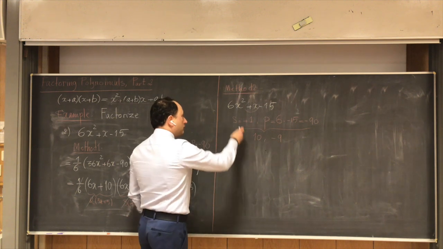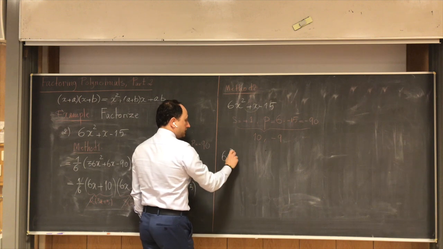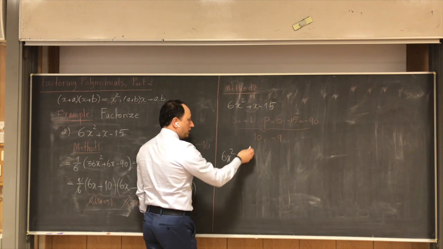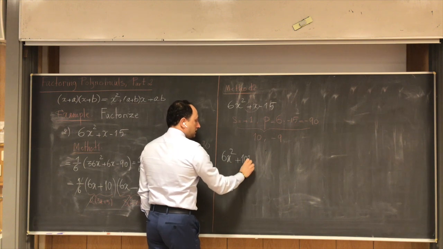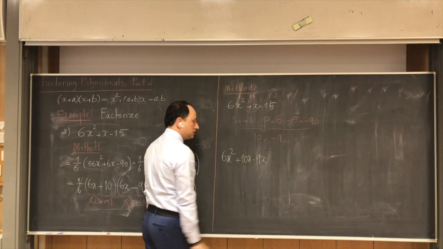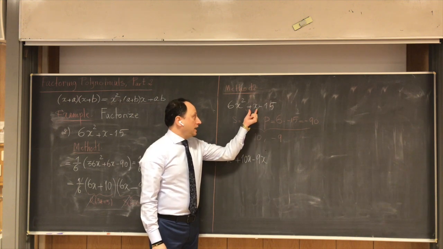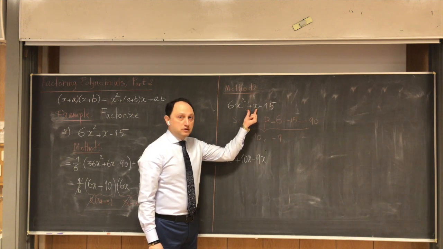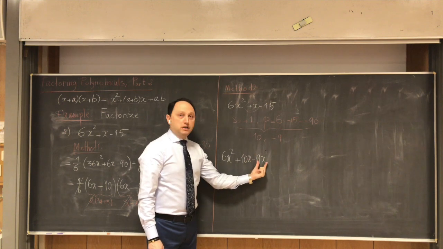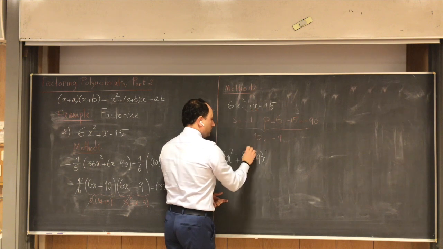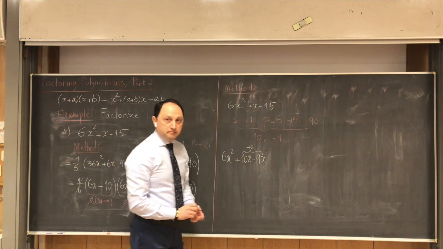Okay, how? So I would write 6x squared. Instead of x, I would write, for example, 10x minus 9x. Yes? So these numbers, I will use them to break this into two pieces in the form of 10x minus 9x. This is another name for the same positive x, yes?